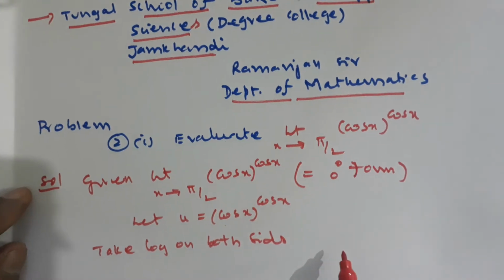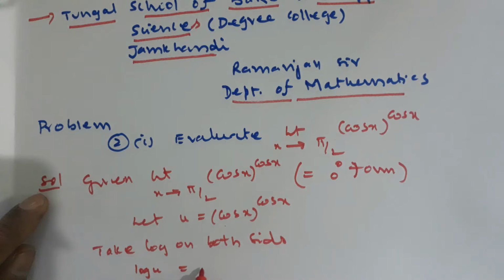So all these are of the form 0 power 0 or infinity power of 0 or maybe 1 power infinity. This type of problems have to take let u is equal to the given function and log on both sides, so that it will be log u is equal to cos x into log cos x.